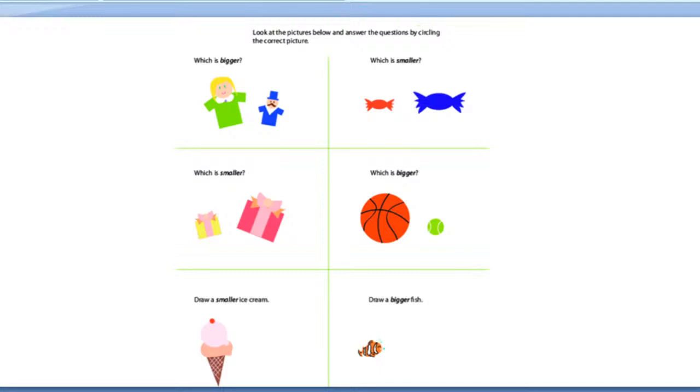So the left doll, or the green doll, is the bigger doll, bigger than the blue one. Yes, green is bigger. Good. You are totally right. Green is the bigger one.